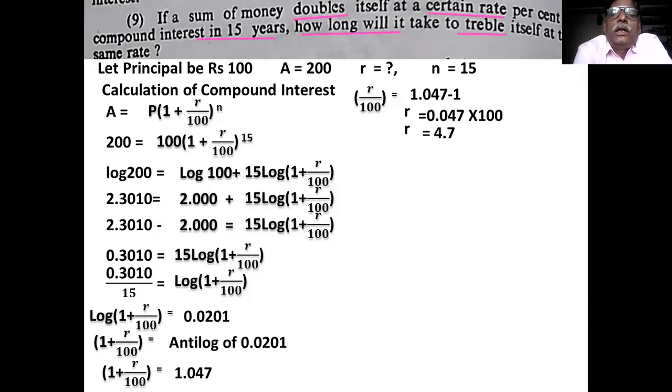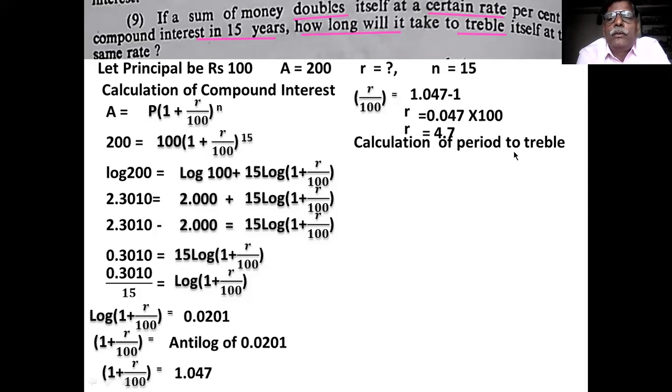And the next question is, how long will it take? How long will it take means you have to calculate the n value. Triple means 3 times, so 100 becomes 300.